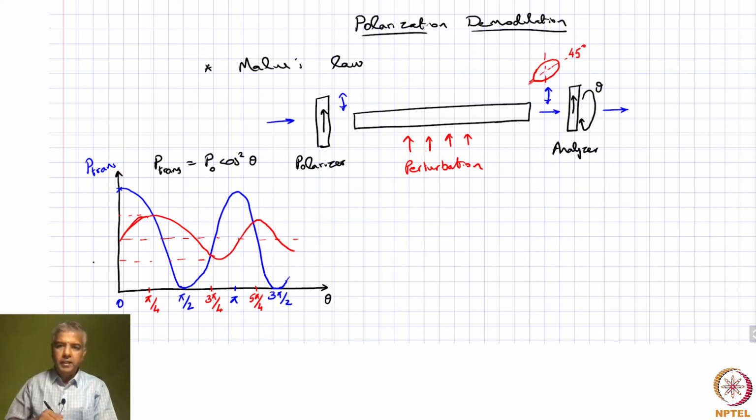So by looking at this, you can say that this is actually elliptical polarization, whereas you originally started with a linear polarization state, right?